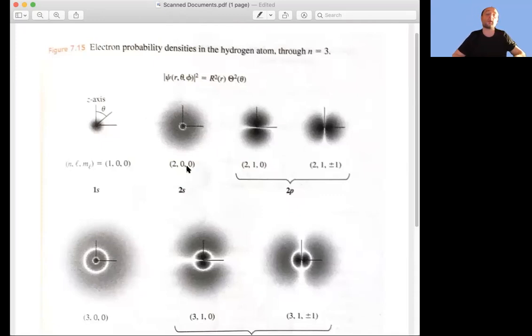So this way of visualizing a function in 3 dimensions by its shading, where the shading is largest, the value of the function is largest, is useful in describing functions of 3 variables.